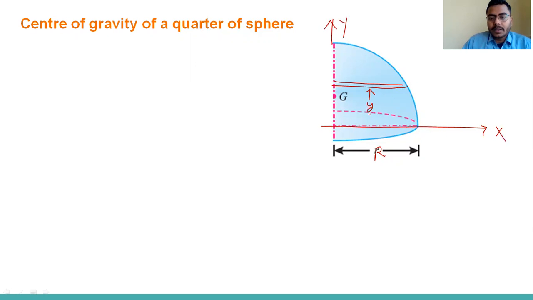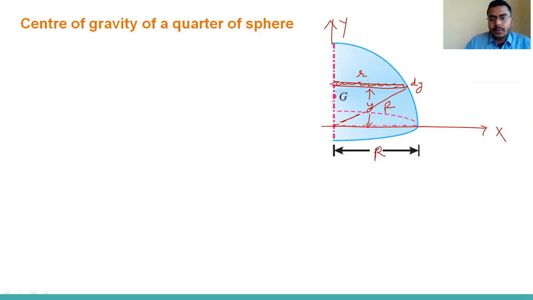I'm taking y, and this length parallel to the x direction. This length in the direction of y will be dy, and this length I'm taking as r. This is also a radius of this sphere.